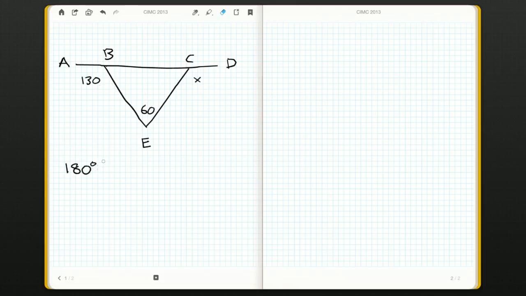So we can write 180 degrees is equal to 130 degrees plus angle EBC.